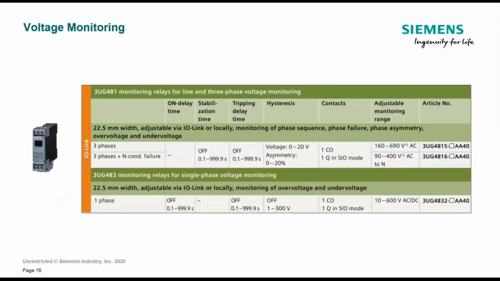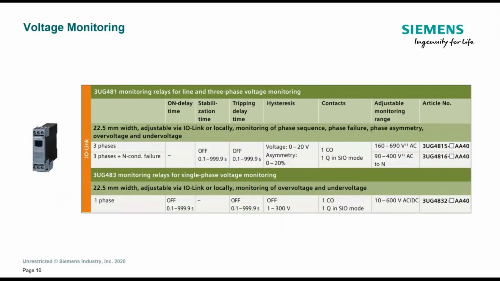So let's look into these a little bit more in detail. From a specification point of view, say for the voltage monitoring relays, again, we offer them both in 3-phase with or without a neutral contact and single phase. And they offer wide input voltage support. But not only do these monitoring relays have good specs as far as fitting into your application, the big reason for IO-Link is the information that you can get off of these monitoring relays.